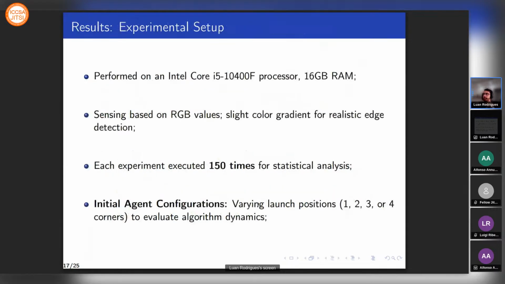So here we have our experimental setup, which was an Intel Core i5 with 16 gigabytes of RAM. The pollutant sensing was based on RGB values. Each experiment was executed 150 times for statistical analysis, and the initial configuration of the agents was varied during the different experiments.